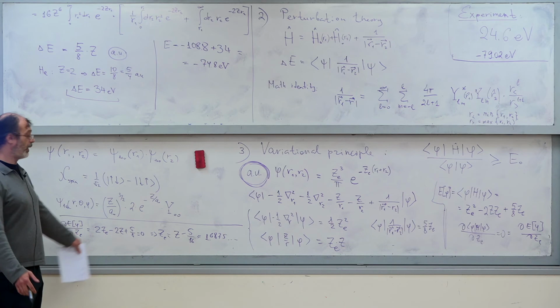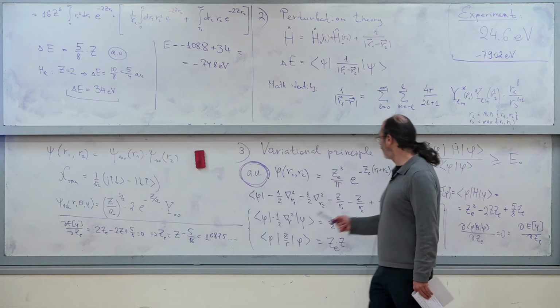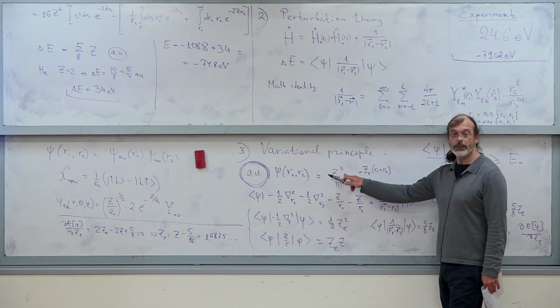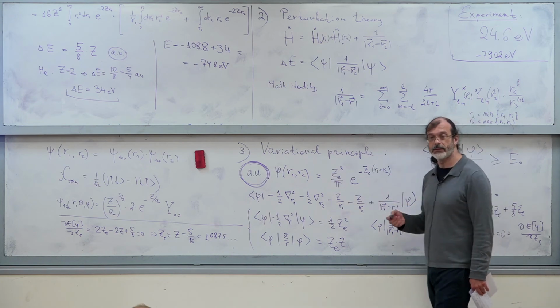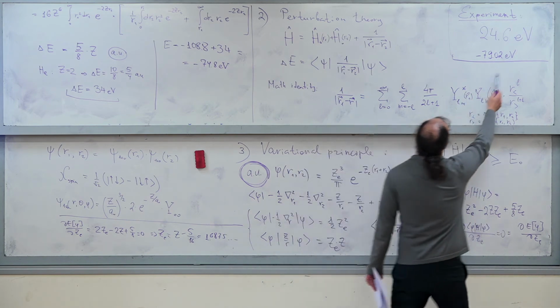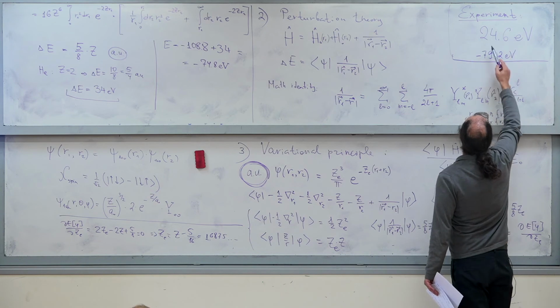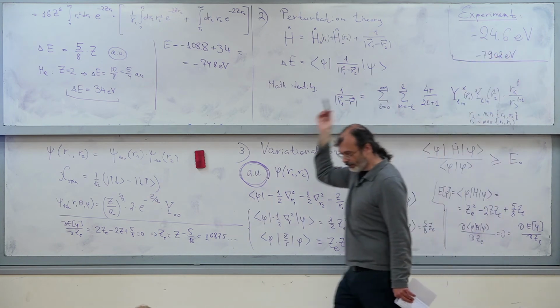So now, based on this wave function, where we know what is the ZE now, we can essentially calculate the ground state energy and compare it with the experimental results that we wrote here, right? So this one and that one. So this also has to be with sign minus.